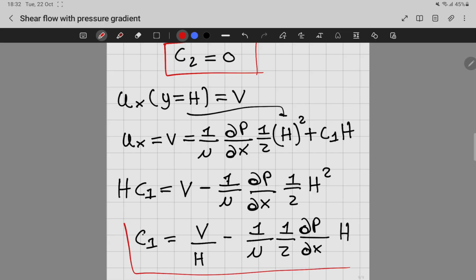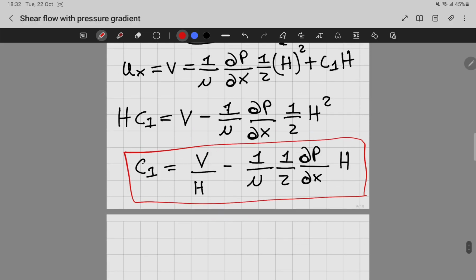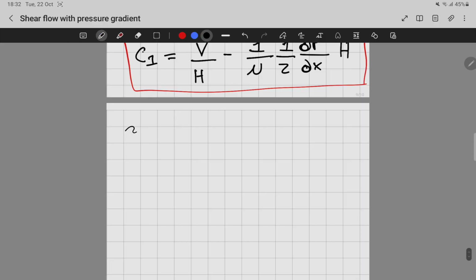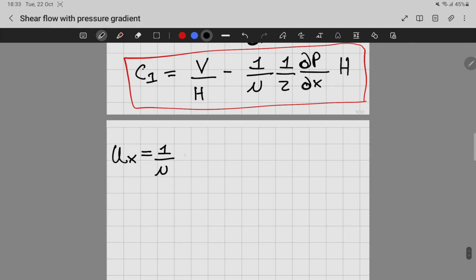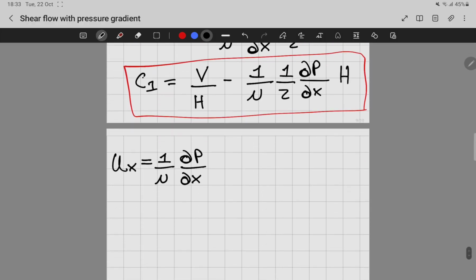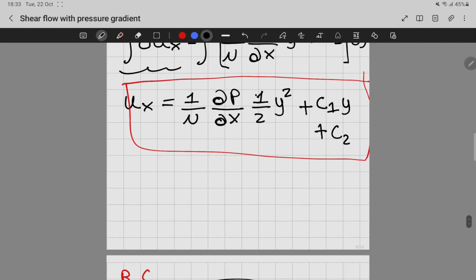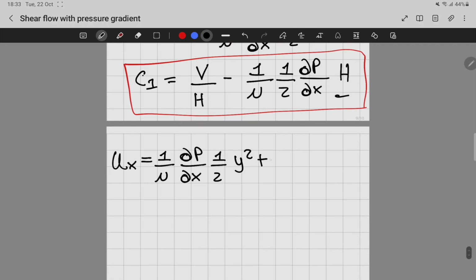You can do the algebra and you will get the same result. So now let's substitute C1 into the original equation, which is this one. So ux is going to be equal to 1 over viscosity multiplied by the pressure gradient multiplied by half multiplied by y to the 2 plus C1, but C1 is this whole term, this one.